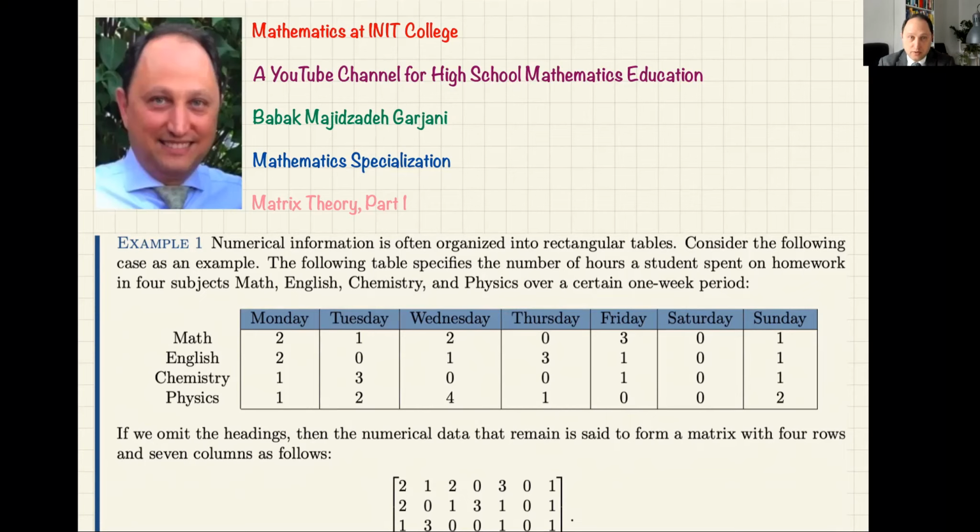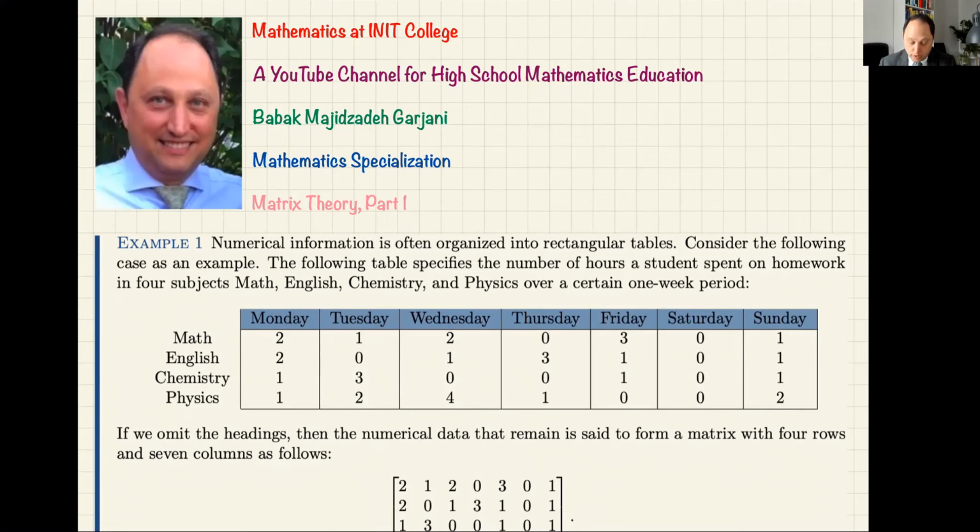Okay, so here I want to talk about matrix theory at an abstract level, more or less. I'm not talking about the applications and things like that. Of course, if you want, you can Google around and see some videos on YouTube regarding the application of matrices, which is of course a very broad range of applications.